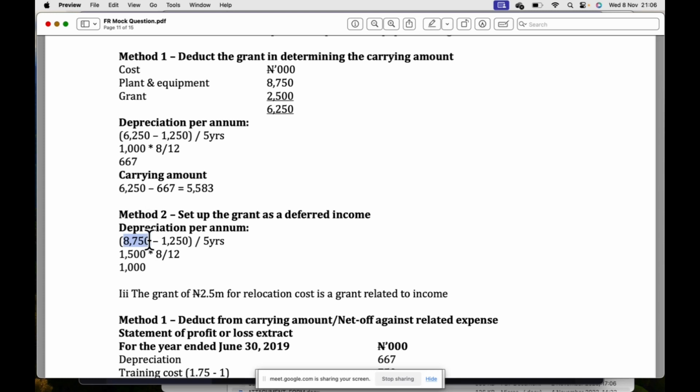So my cost of the asset remains the cost of the asset, minus the residual value, divided by 5 years. Then that gives me 1,500. I prorated the depreciation, so my depreciation is 1,000. But the grant itself of 2.5, we are also going to recognize over 5 years. I will show you that in the statement. Okay.